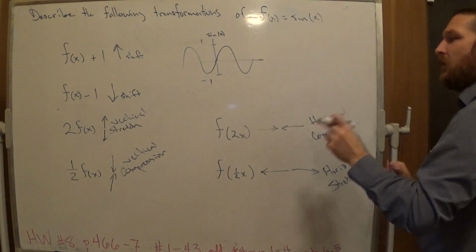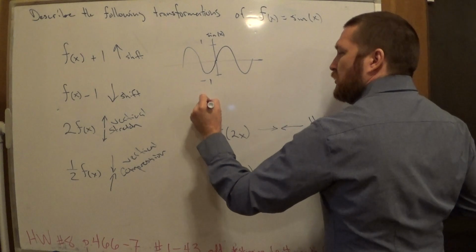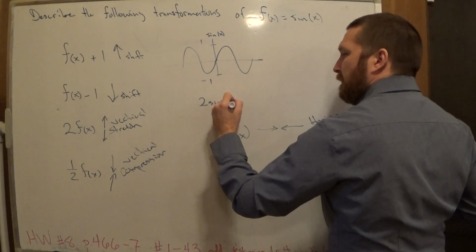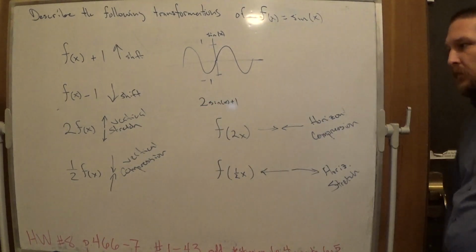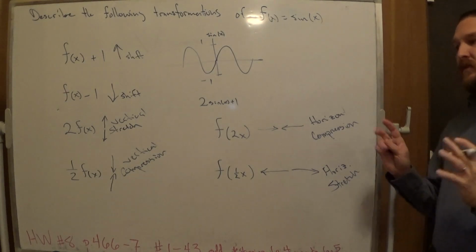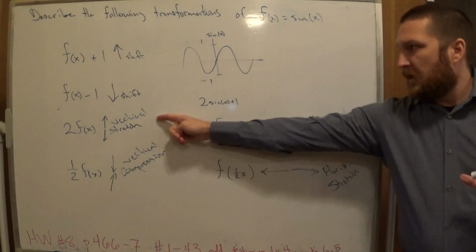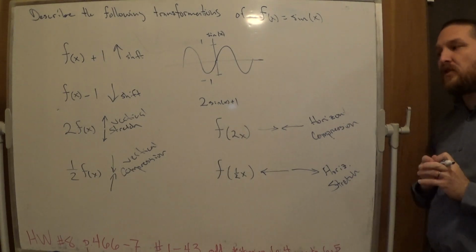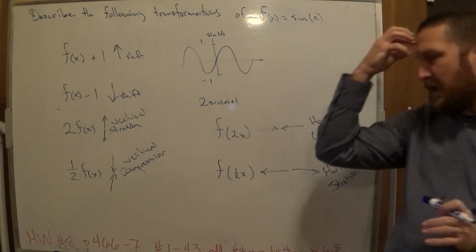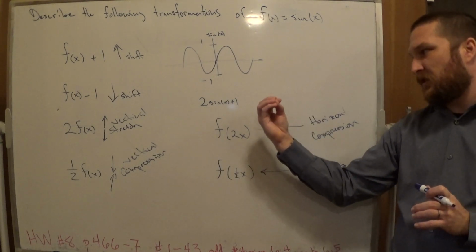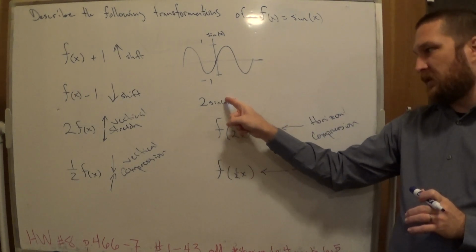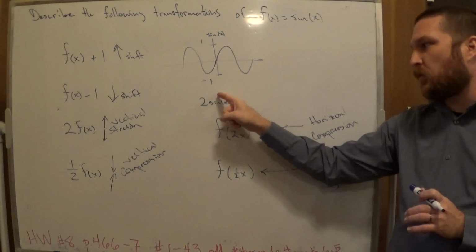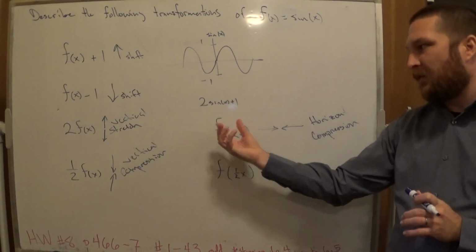And if we wanted to graph, let's say, 2 sine x plus 1, which order would we do? Because there's obviously a stretch and there's a shift. Which do we do first? Stretch. You do the stretch first, right? The way that we trained ourselves last year to do this is you look at the function itself, that's your output, and then you just ask what happens to it, just by order of operations.